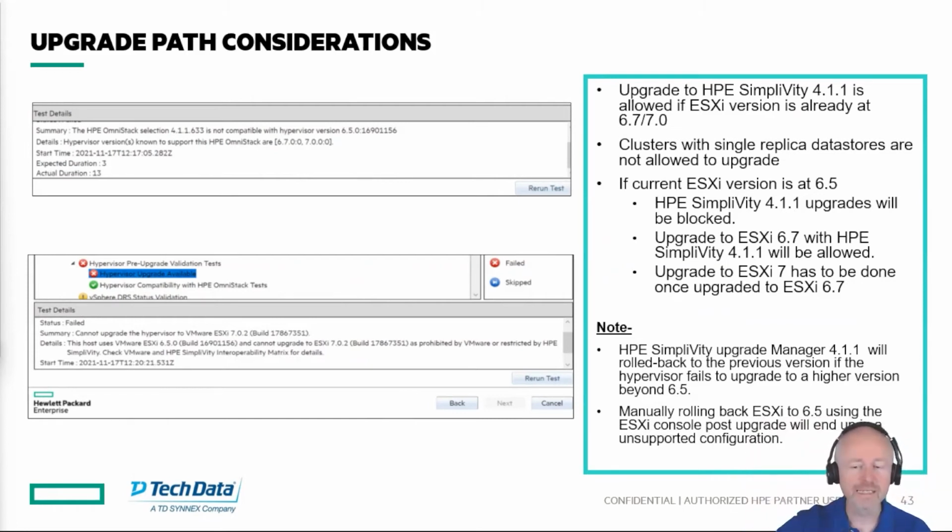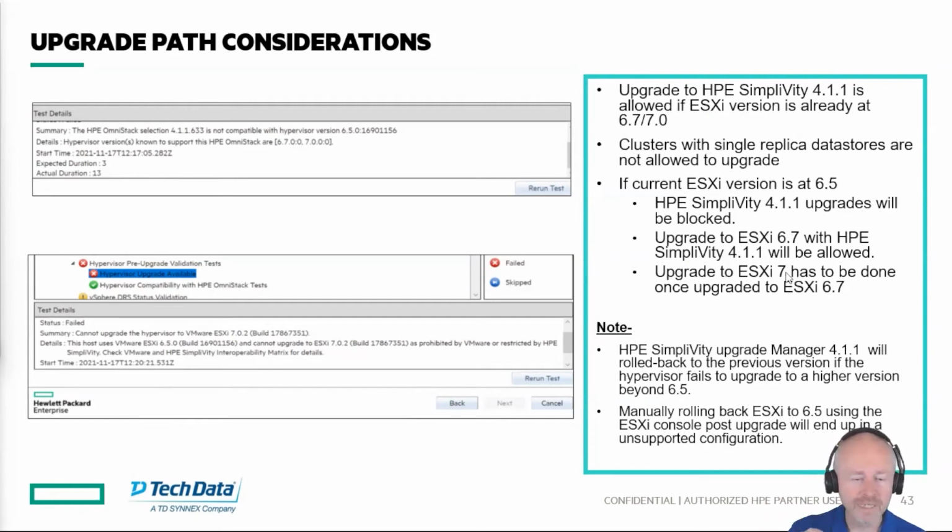So there are some things. There is that document, the Interop guide, the interoperability guide, that will explain to you how that works. That's a one-time action that you need to do separately, but that's more VMware related than SimpliVity related, of course. You see, the upgrade to ESXi 7 has to be done once upgraded to ESXi 6.7 with your vCenter somewhere in between.